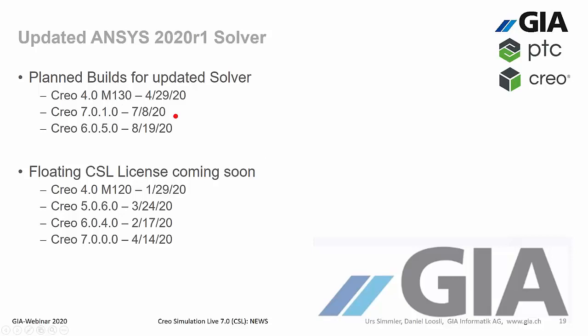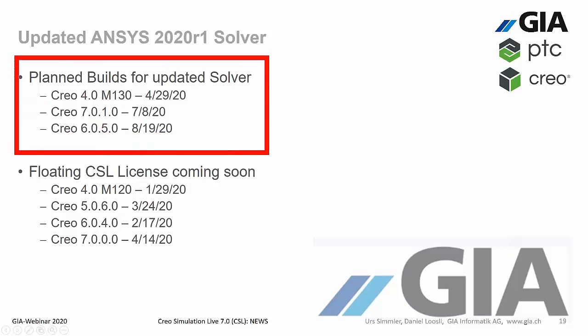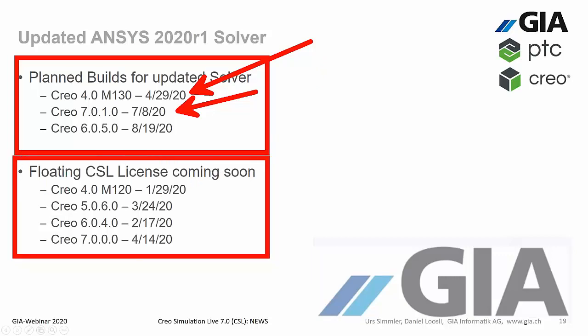The new solver will be available in Creo 7 in about 3 months, and in Creo 4 it should be available at the end of the month. By the way, for those customers who like to use floating licenses, the floating licenses are also available since about 1 or 2 months.